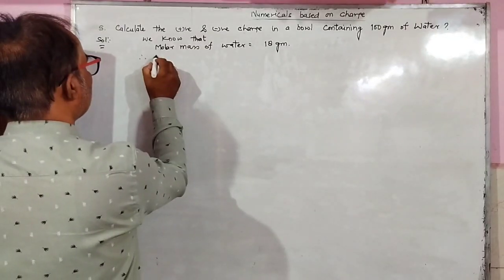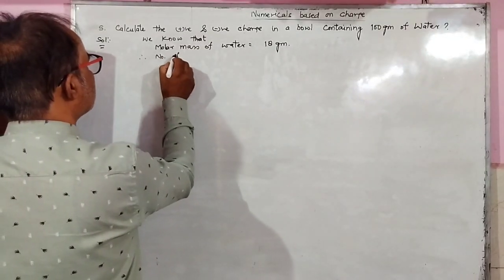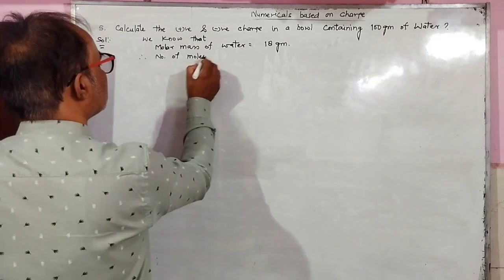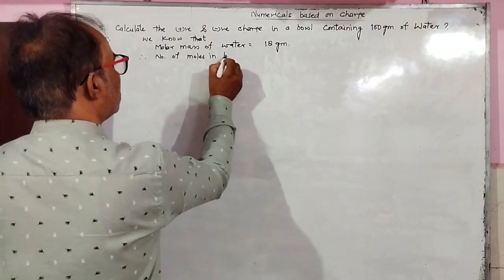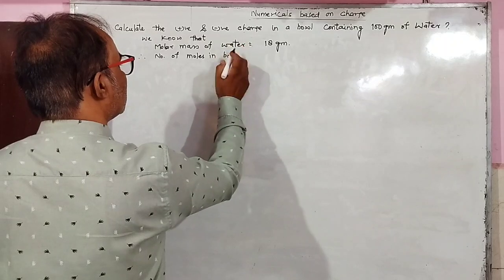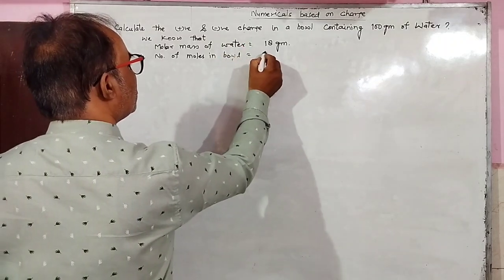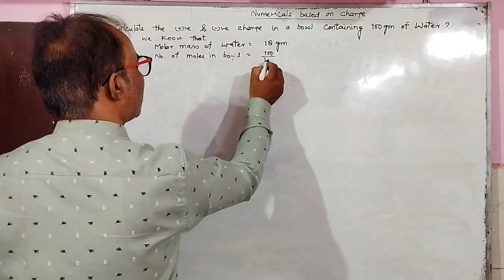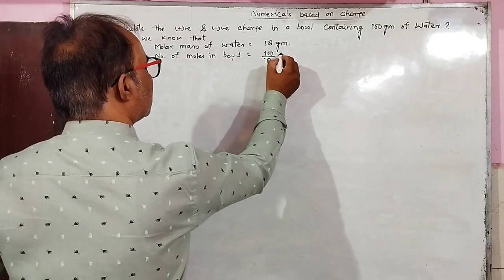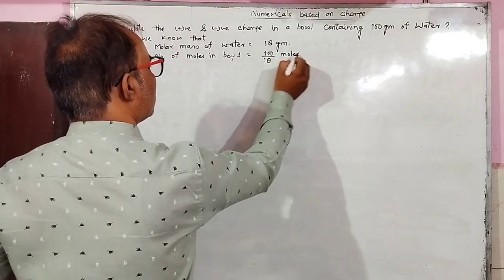Therefore number of moles in bowl is equal to 100 divided by 18. This is the number of moles.